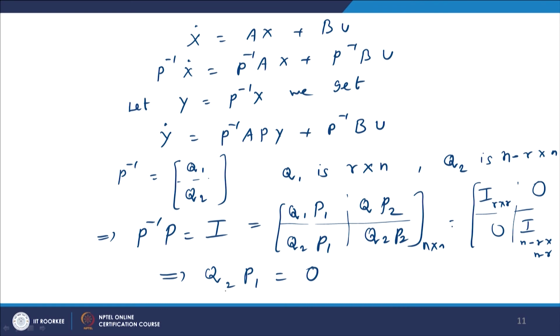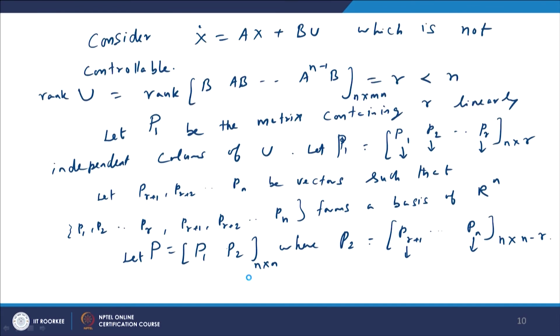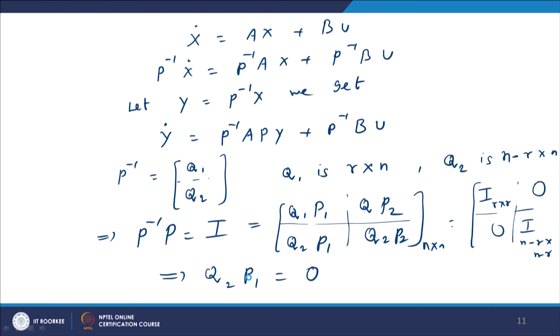Now, if you observe, the P1 matrix contains all the vectors which are in the controllability matrix B, AB, etc. The equation Q2 P1 equal to 0 implies that all the columns of P1 and the rows of Q2 are orthogonal to each other, because a row of Q2 multiplied by a column of P1 gives the 0 element.